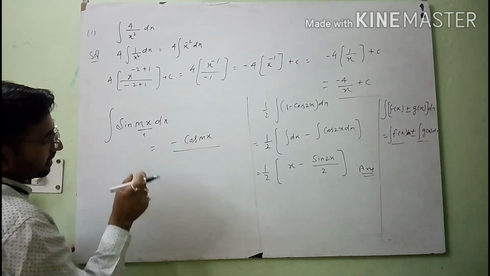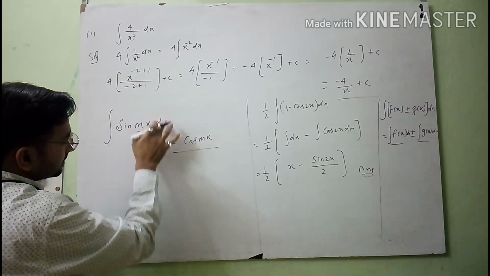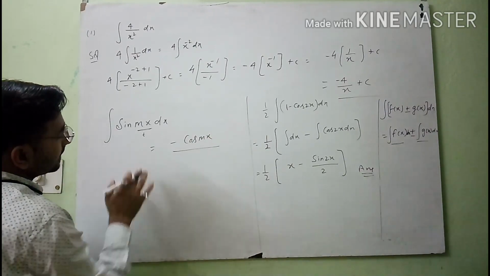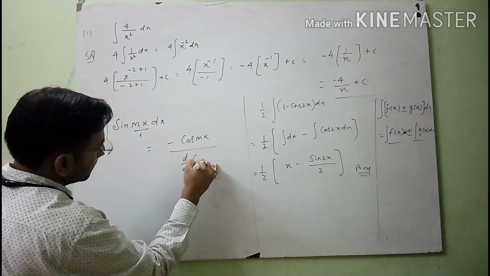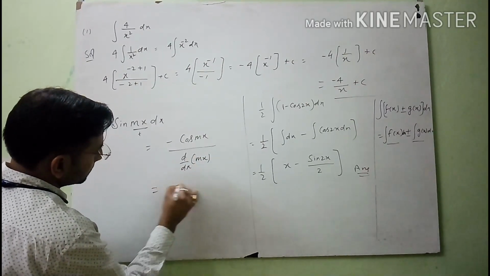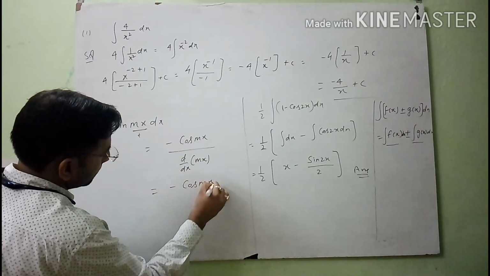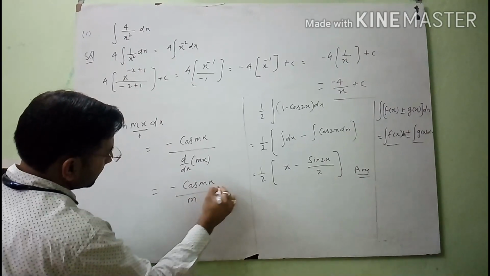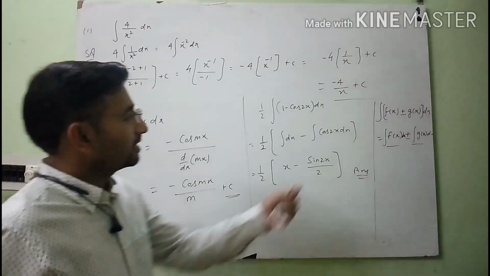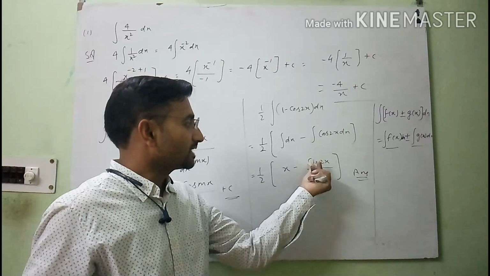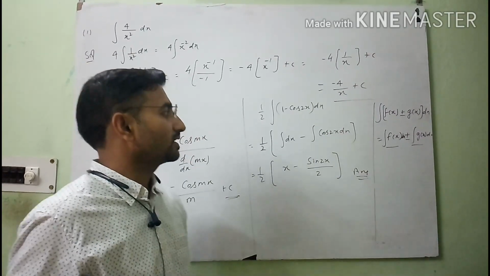Then in our mind we will use the differentiation of this mx when we integrate this function. So the answer is cos mx over m.